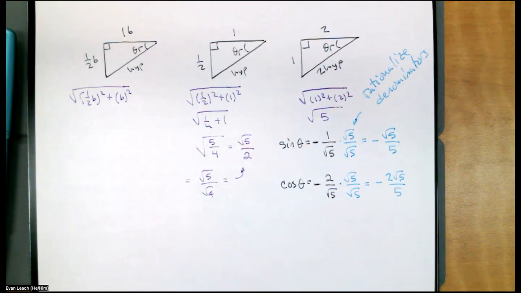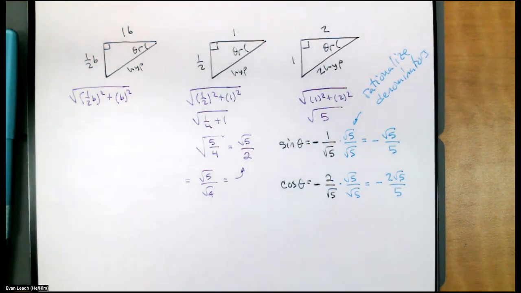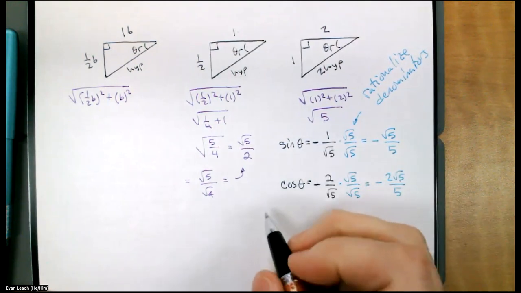The only reason that we would be doing this is that we're looking at the answers and all the denominators in our answers are rationalized, then it's multiple choice. Other things that are going on here, sine and cosine are negative in the third quadrant.